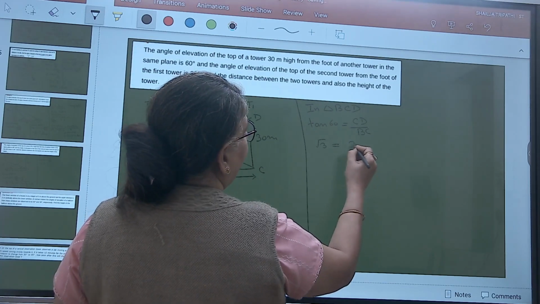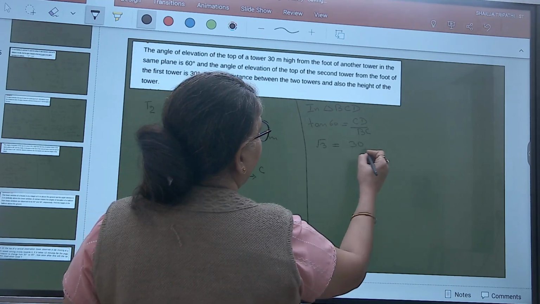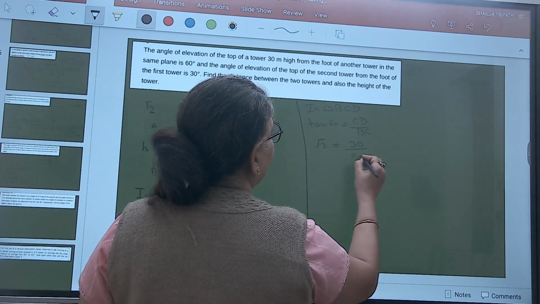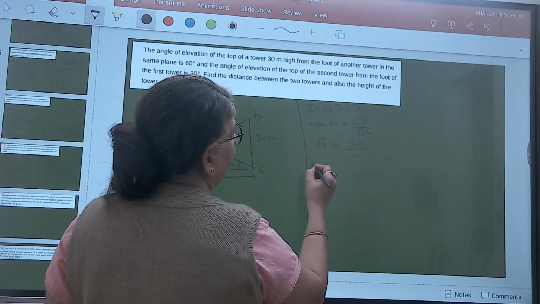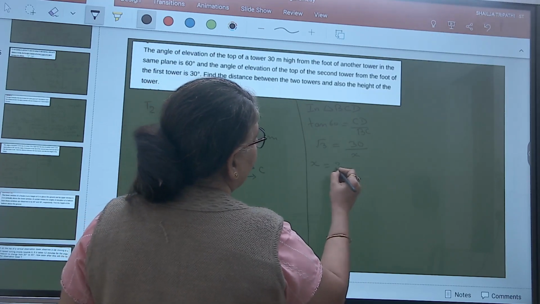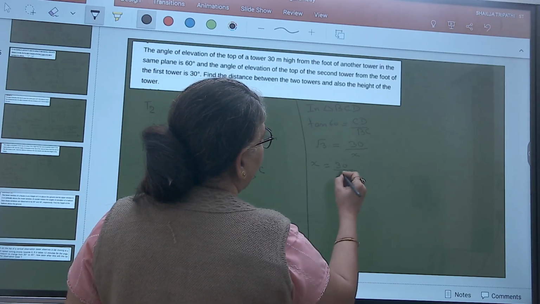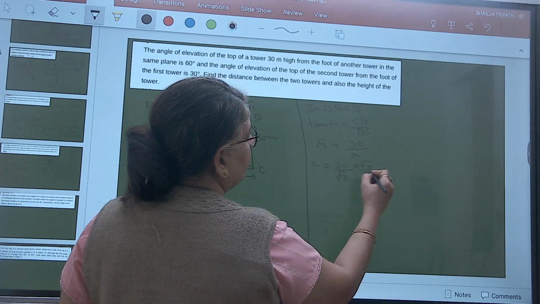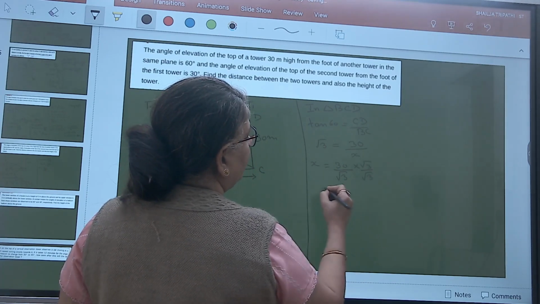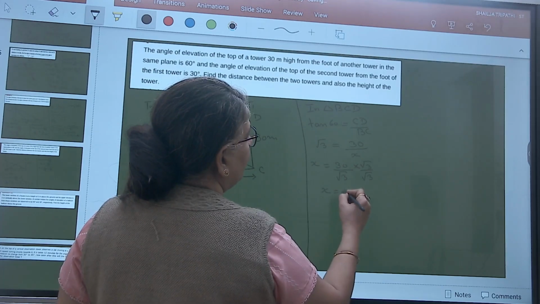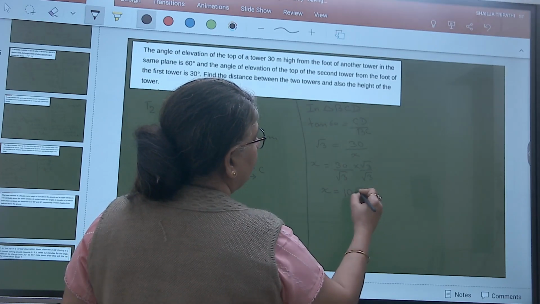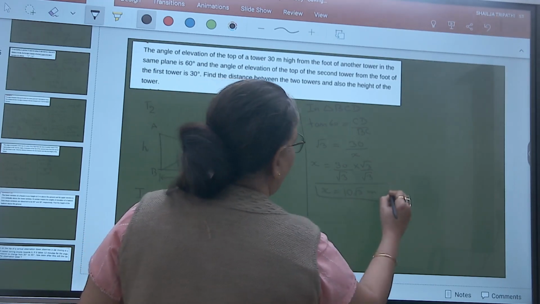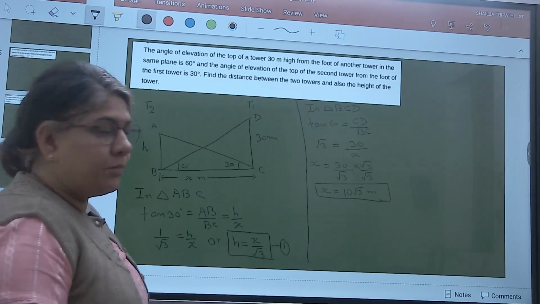CD is already given, 30 meters, and BC is x. So we find the value of x, 30 upon root 3. Now rationalize this number. So we get x is equal to 10 root 3 meters. So the distance between the towers is 10 root 3.